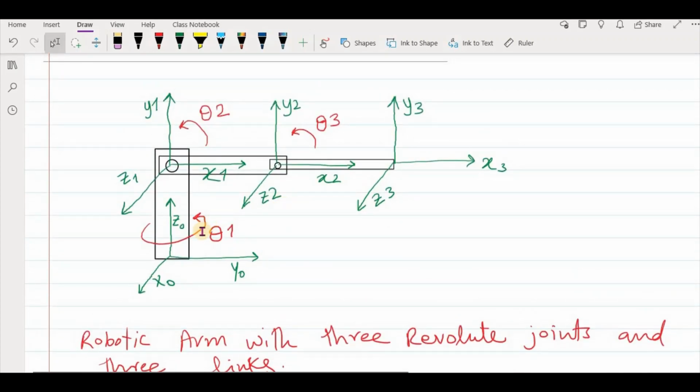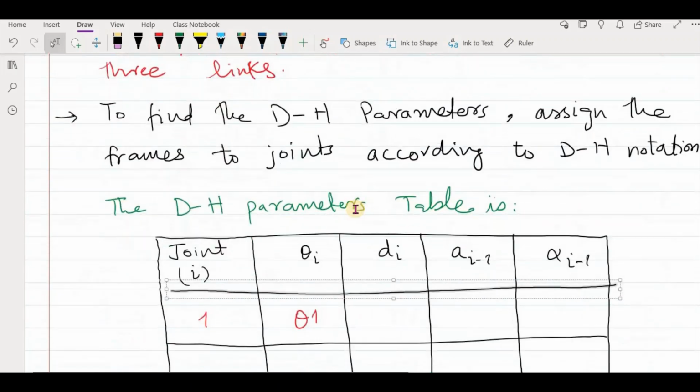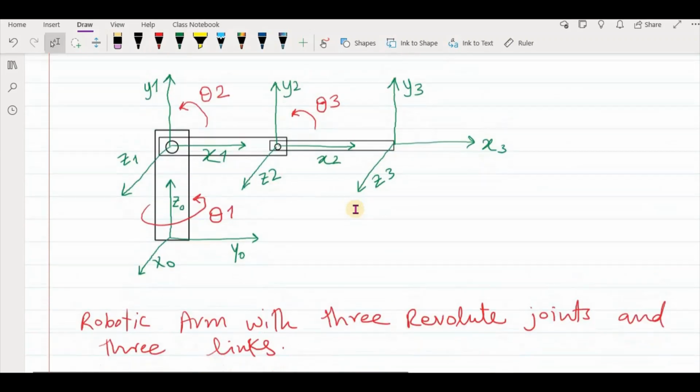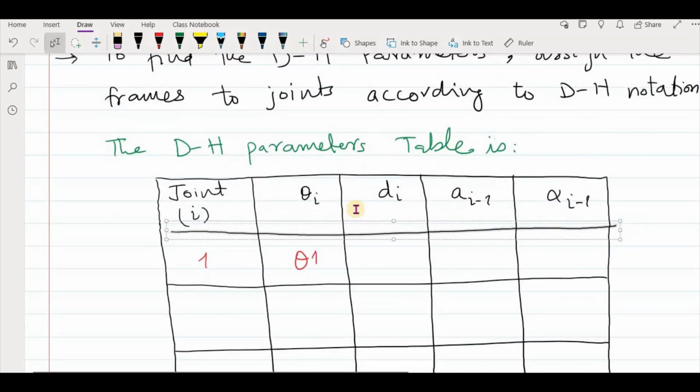Since there is no offset, we can say the offset is equal to 0.